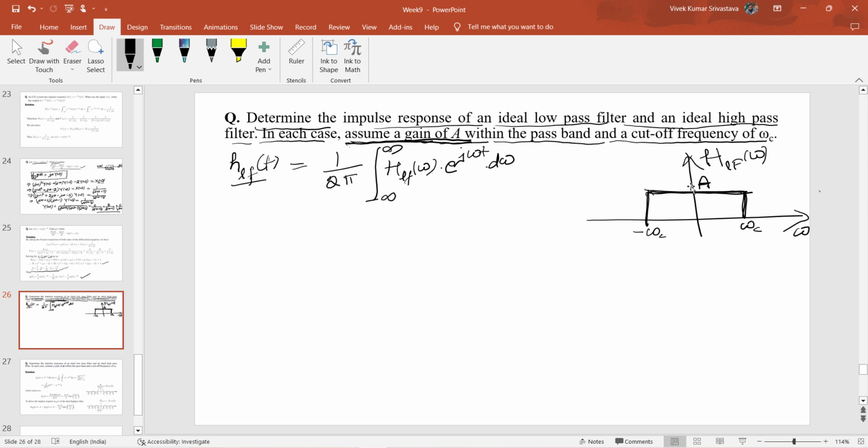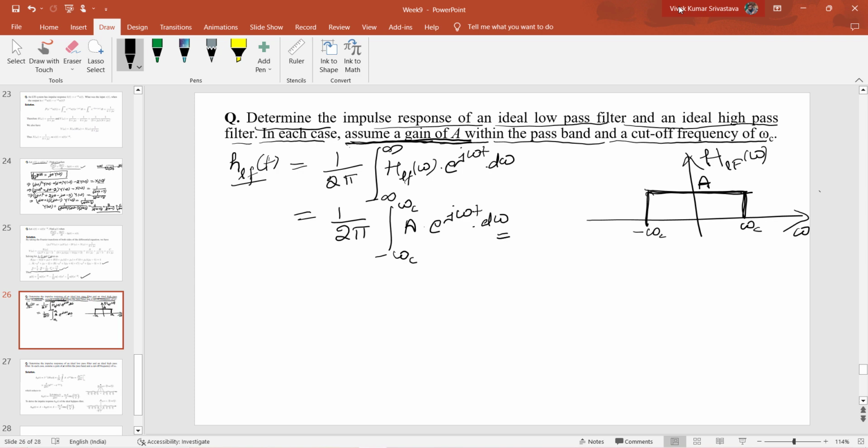Okay, so now we can further solve this within this range of frequency. The limit will change from minus omega c to omega c, and the value of h LF will be A into e raised to the power j omega t d omega.